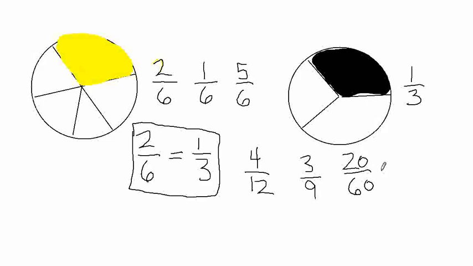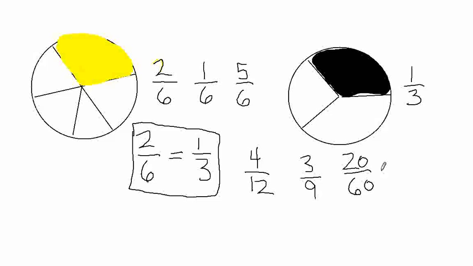And one way that you can tell if the fractions are the same is if you can arrive at a second fraction by multiplying the top and bottom of another fraction by the same number.